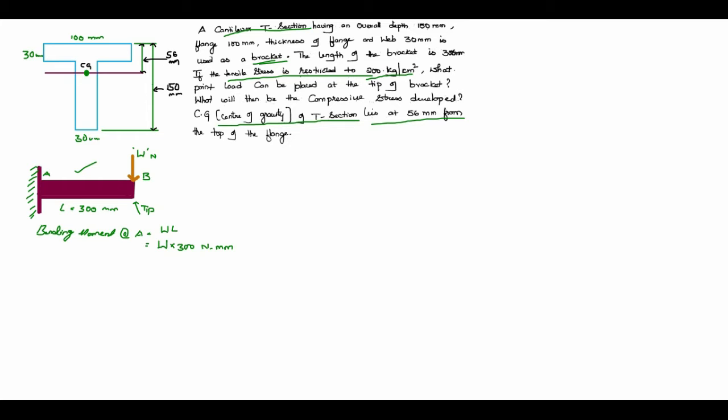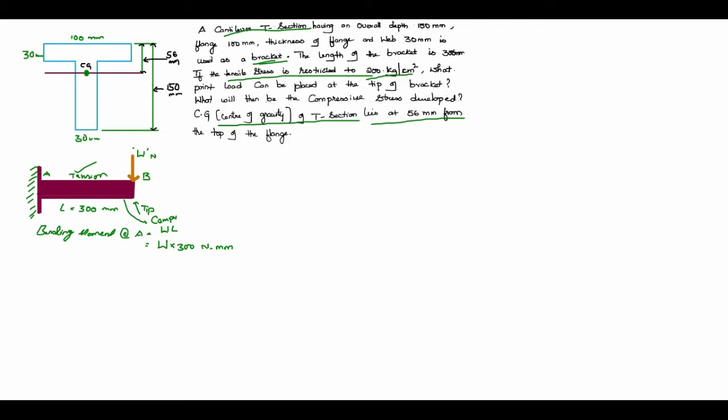And moreover, as this is a cantilever beam, when a point load is acting on the tip of this cantilever portion, the topmost portion will be under tension and bottommost portion will be under compression. So keep that in mind while we are solving the problem.